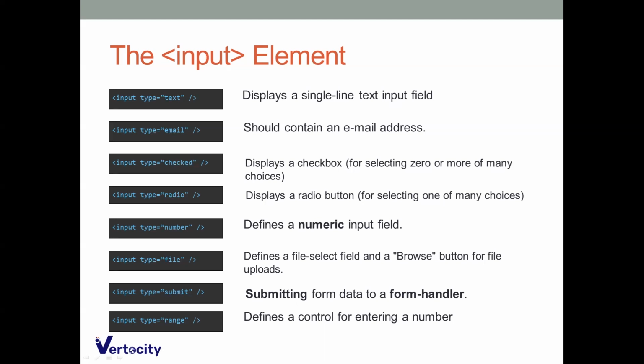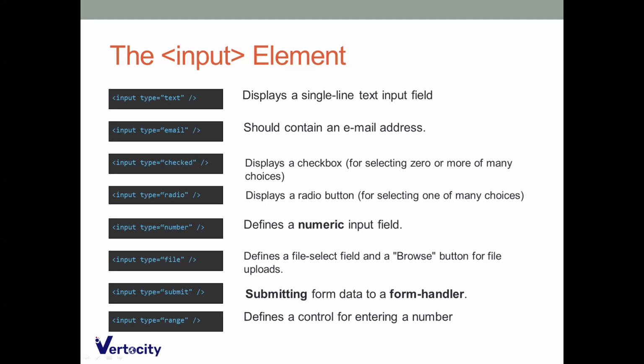And next up, we have checkbox. What is a checkbox all about? This checkbox can have multiple choices, which can vary from zero to more. And then we have radio buttons. We will be seeing all these examples in detail. And then we also have a numeric field.